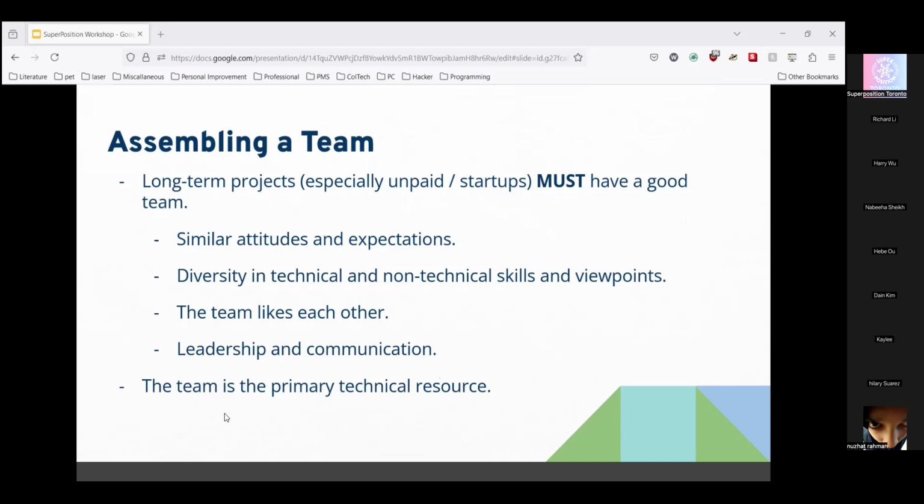Leadership and communication. As the team grows larger and the project grows more complex, this becomes more important. Generally, as a problem grows more complex, you begin to divide it up. You have your different sub-teams, and everyone becomes a bit more isolated in their corner of the project. But these sub-teams still need to remain aligned with their goal, and the leadership is responsible for managing this alignment and ensuring all deadlines are held.